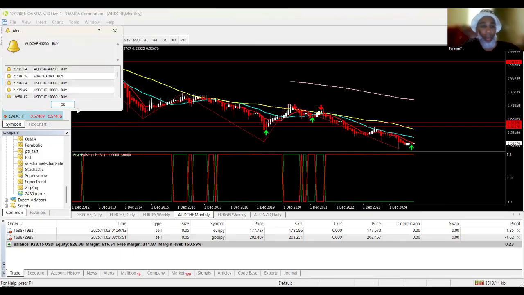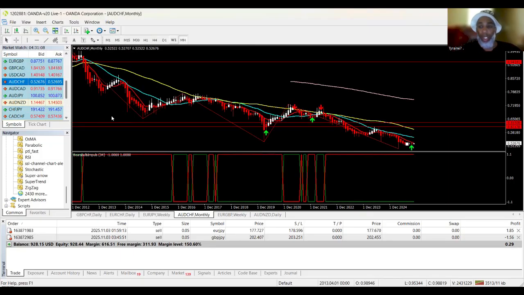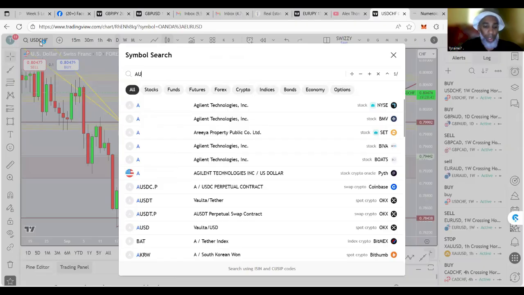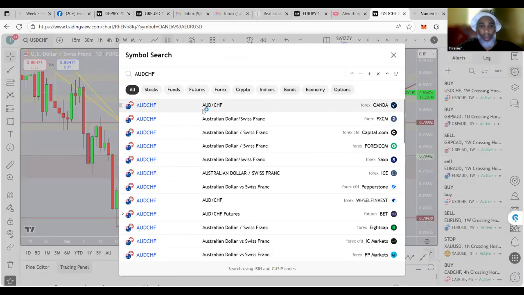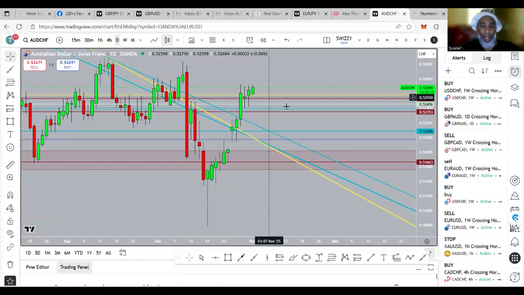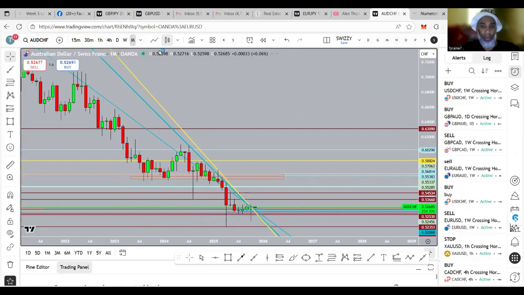Okay, AUD Swiss. This is another one. Let's take a look at this. We'll pull this up. AUD Swiss. Now, this is another one based on the monthly.